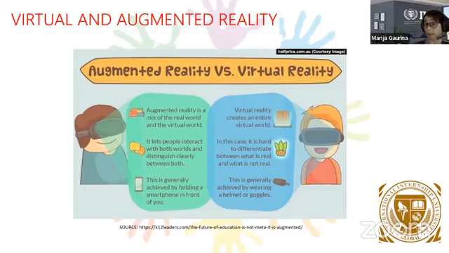In virtual reality, we create an entire virtual world. And in this case, it is hard to make a difference between what is real and what is not real. This is generally achieved wearing a helmet or goggles.